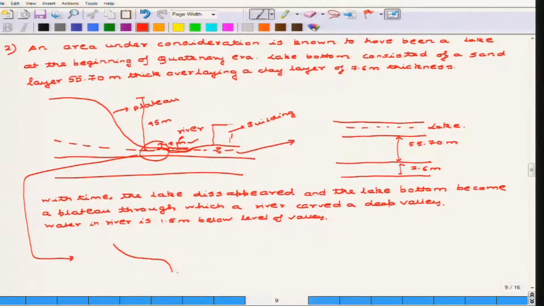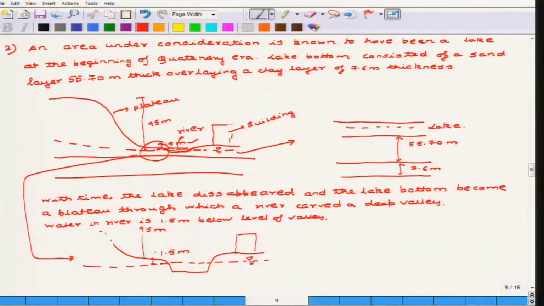The river carved a deep valley, here this is the river, this is the water table, this is the phreatic line, and this height is 1.5 meter. This is the plateau part. From this point it is 45 meter, and this is where the building is constructed.